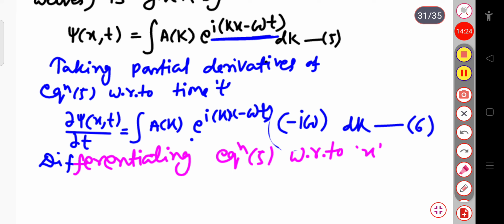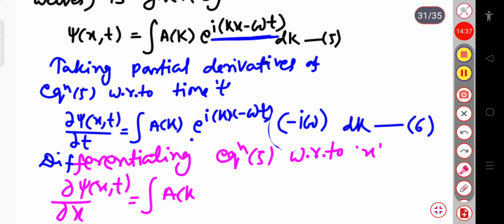I am taking the partial derivative here also, where ψ is a function of x and t. This will be equal to the integration over a(k), and again the exponential term i(kx minus ωt) will remain as it is.